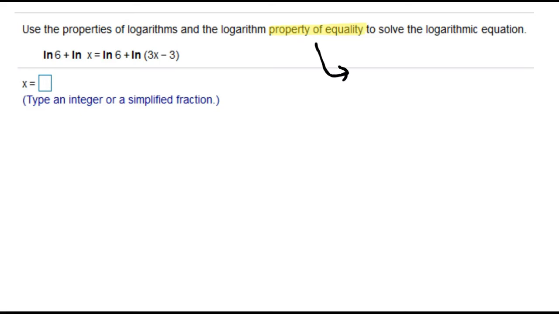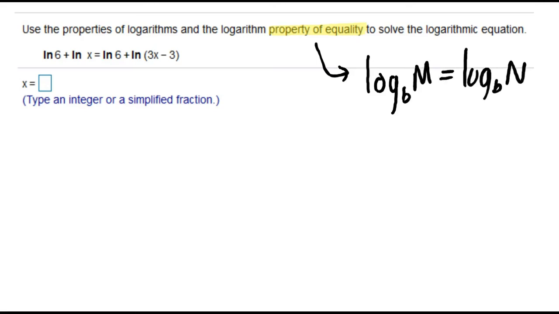The property of equality says this: if you have log base b of m equals log base b of n, so what you have to have on both sides of the equation is a log with the same base b.